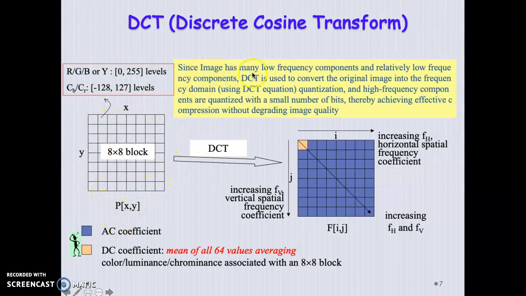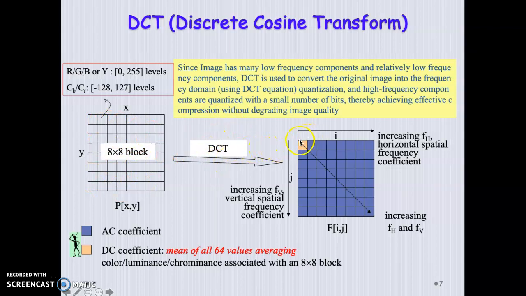Since an image has many low frequency components, DCT is used to convert the original into the frequency domain using the DCT equation. High frequency components are quantized with a small number of bits, thereby achieving effective compression without degrading. So you will divide your image into blocks, and then each block will be transformed using the DCT.